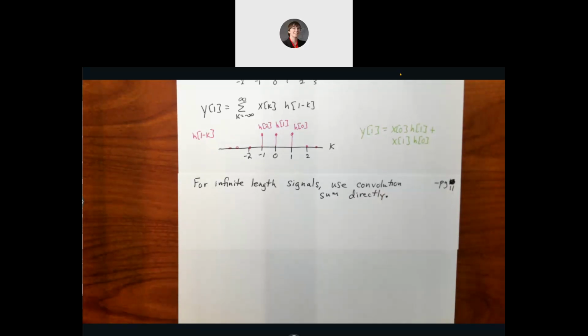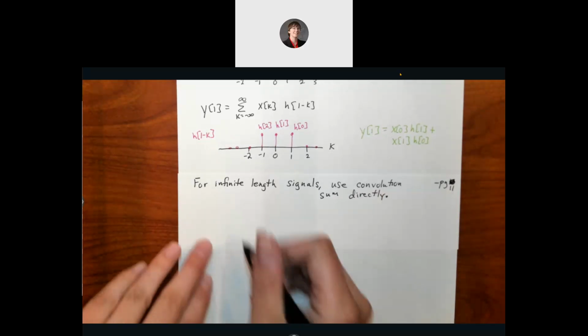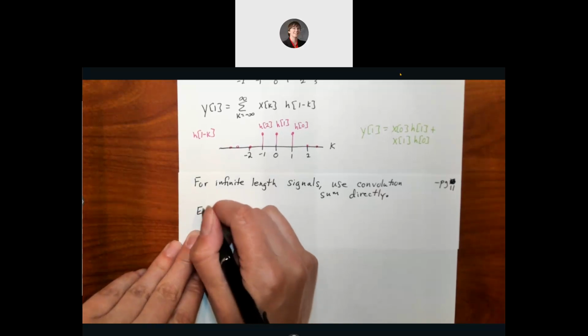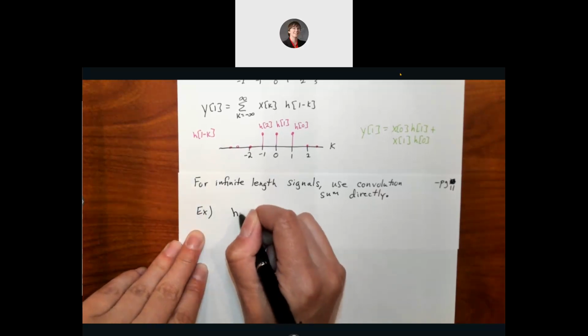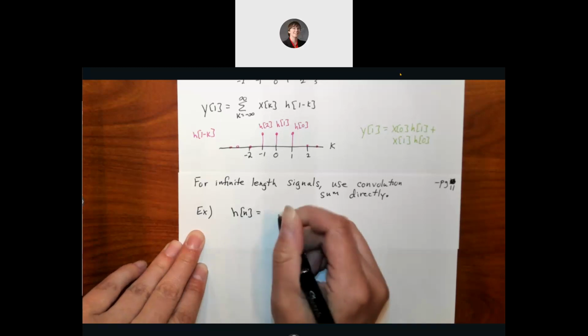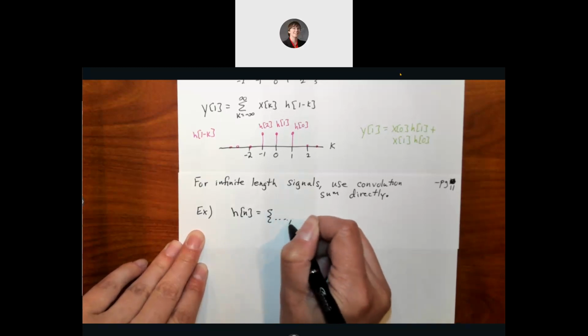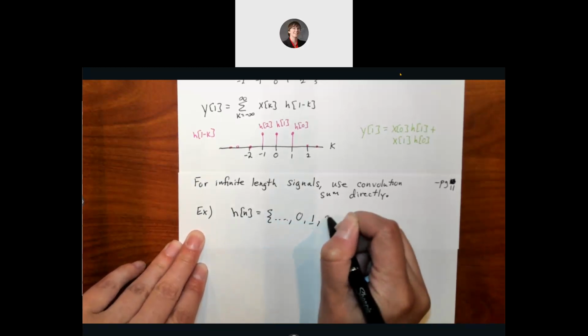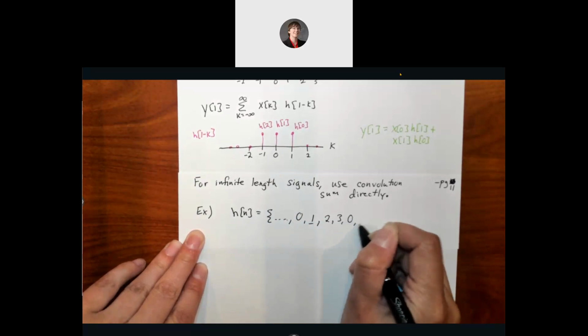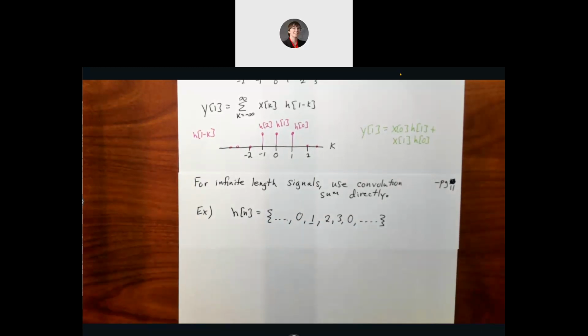So let's take, for example, the same h of n that we looked at before. So we have our h of n is a bunch of zeros, 1, 2, 3, right?